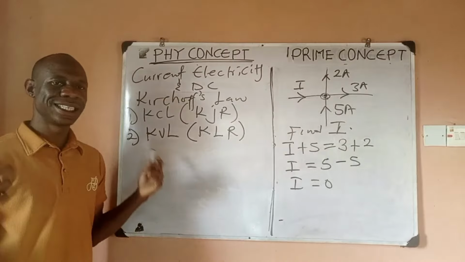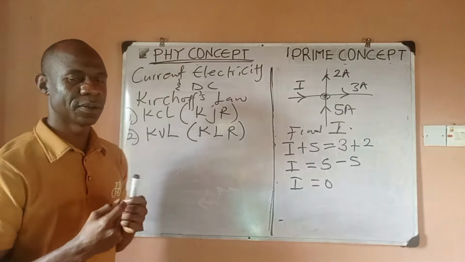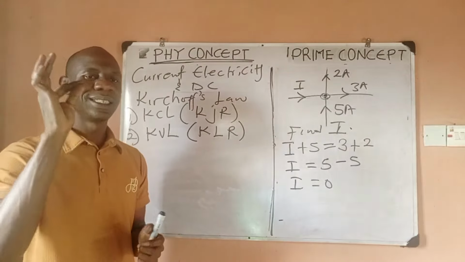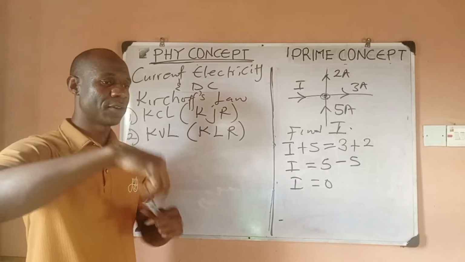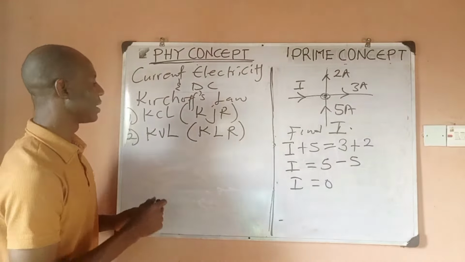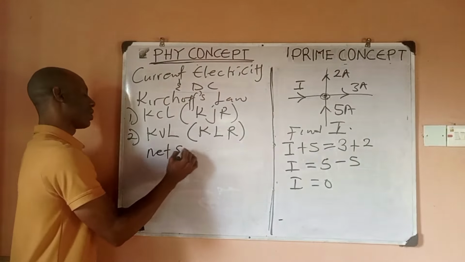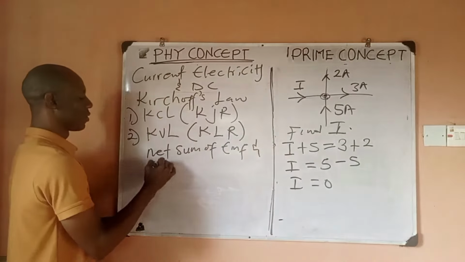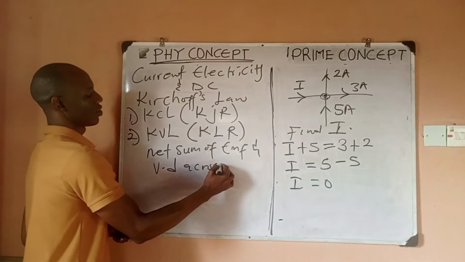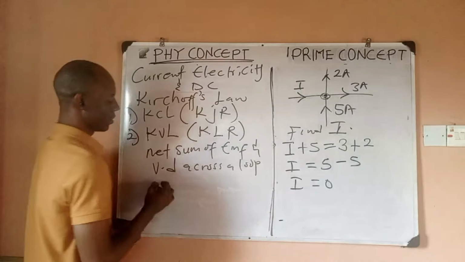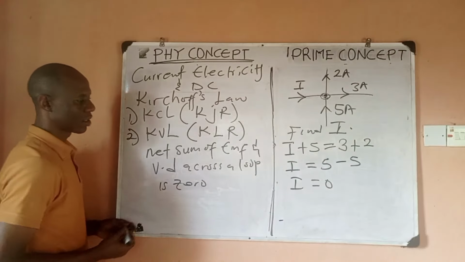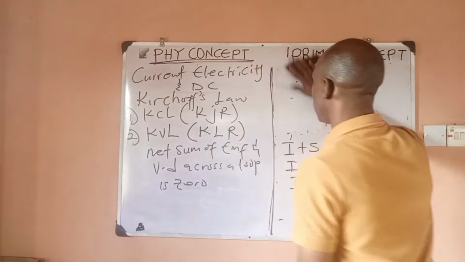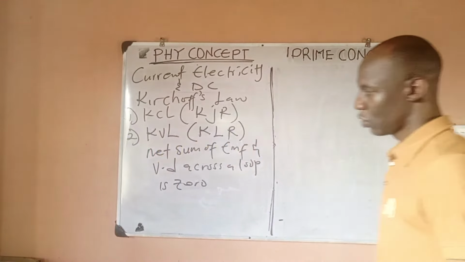KVL says that the net sum of voltage and EMF within a loop is 0. Or you can say the net sum of EMF equals the net sum of voltage drop across the loop. So you can say it in either of these 2 ways.